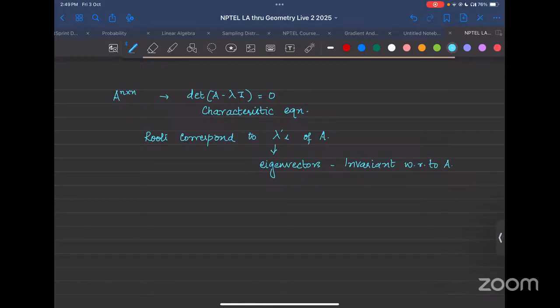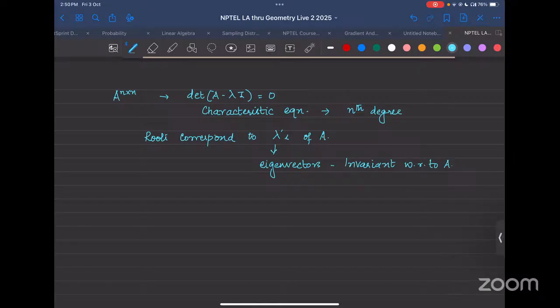There are two things that we need to figure out: how many eigenvalues there are for a particular matrix A, and how many eigenvectors. When you solve this characteristic equation, it will be an nth degree equation. So naturally, you expect n eigenvalues.